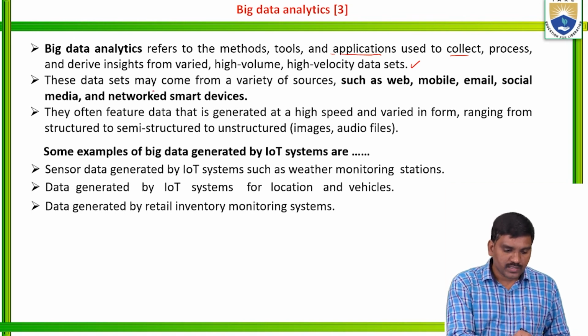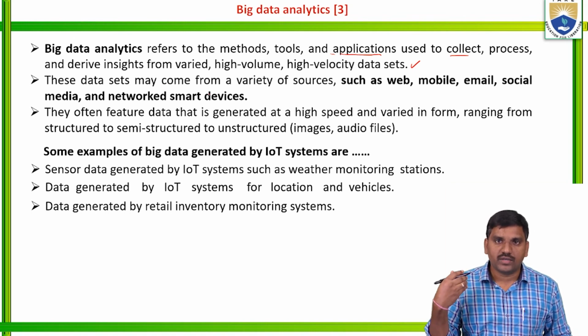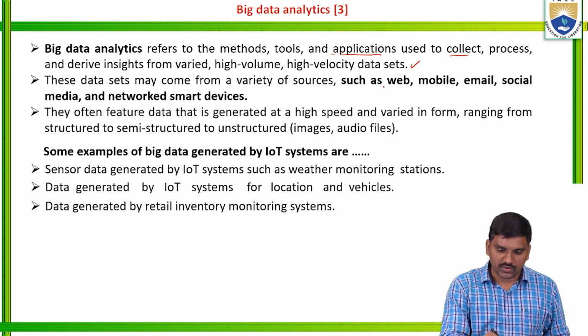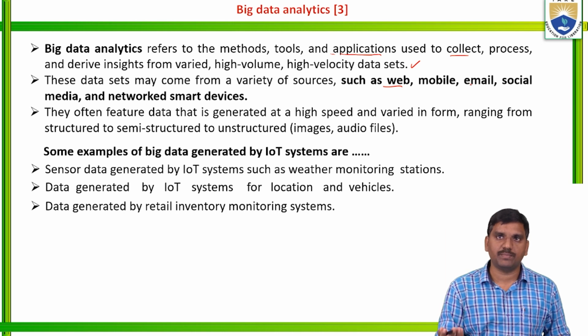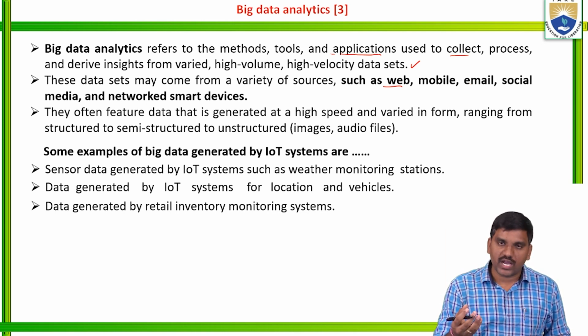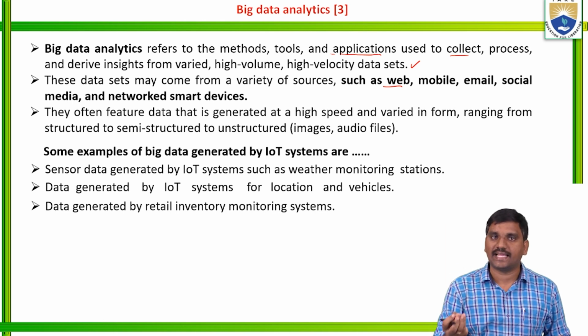Next, these data sets may come from a variety of sources such as web, internet, mobile, email or social media and networked smart devices. So this is how we define big data analytics.